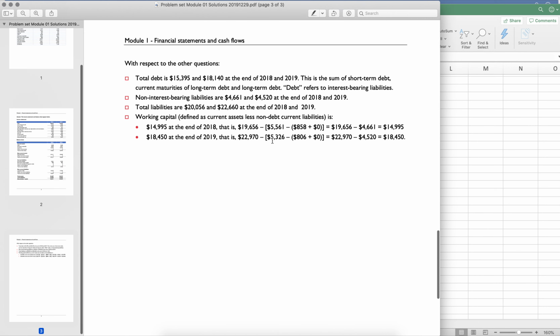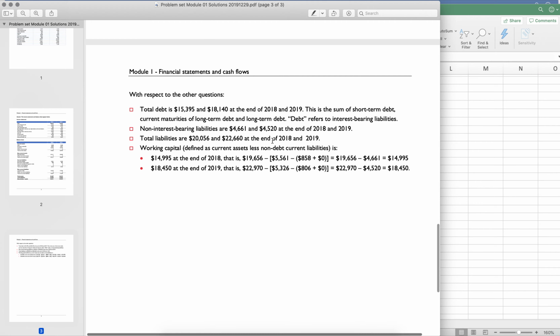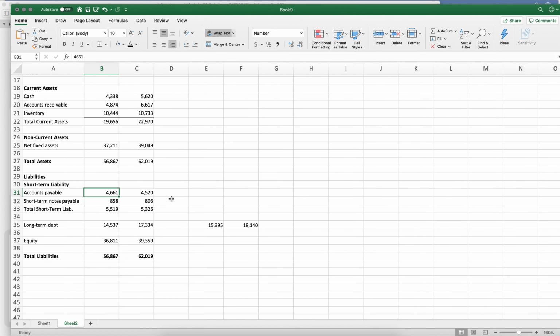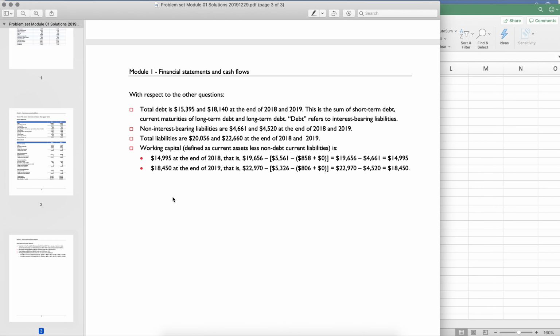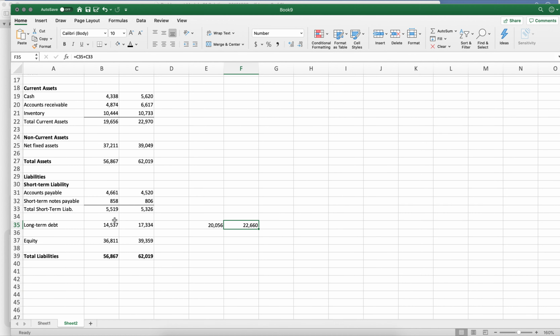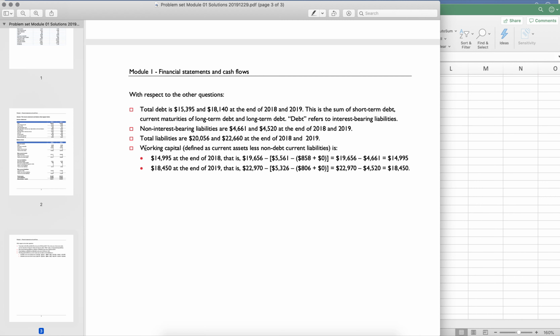Well, total liabilities are going to add up to, oh, I see, so here we get 20,000 and 22,600. This is just long-term debt plus short-term liabilities. It's everything but equity.